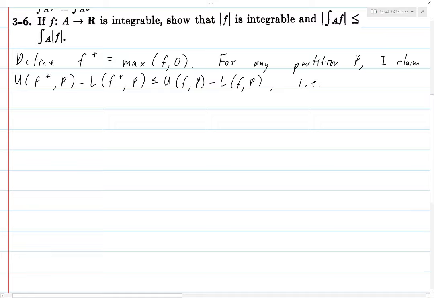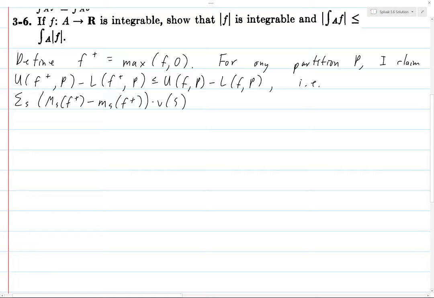So that's our idea. This is sort of an odd argument that you have to make. So we take the sum over all S in our partition P of M_S(f plus) minus lowercase m_S(f plus), times V(S).